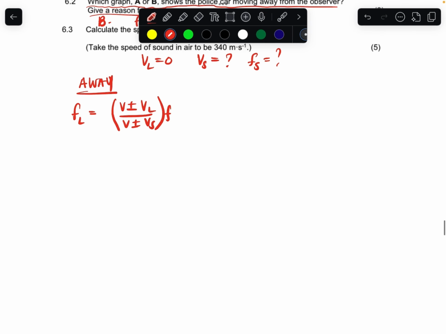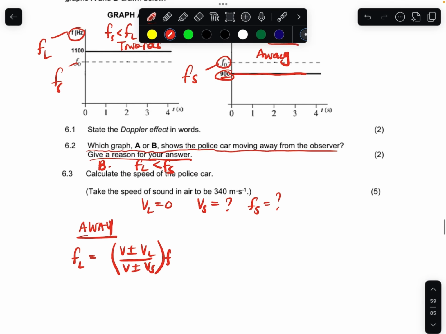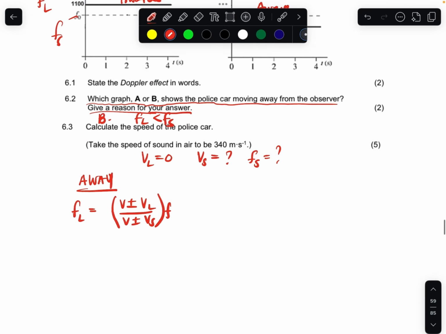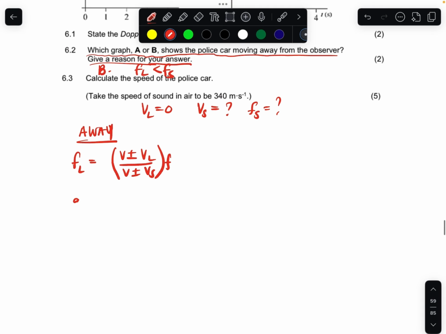Now I'm substituting. While it was moving away, the frequency of the listener is 900. The speed of the sound in the air is 340, the velocity of the listener is 0 because it's constant, and 340 plus V_S, which is what they want.